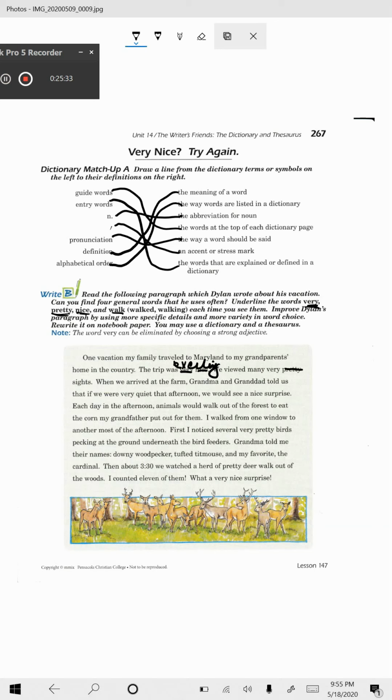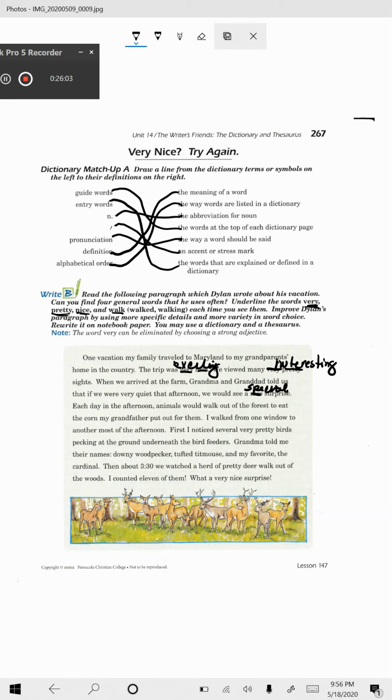We viewed many interesting sights. When we arrived at the farm, Grandma and Grandpa told us that if we were very quiet that afternoon, we would see a nice surprise. Do we have to have anything there? We would see a surprise. How about a special surprise?